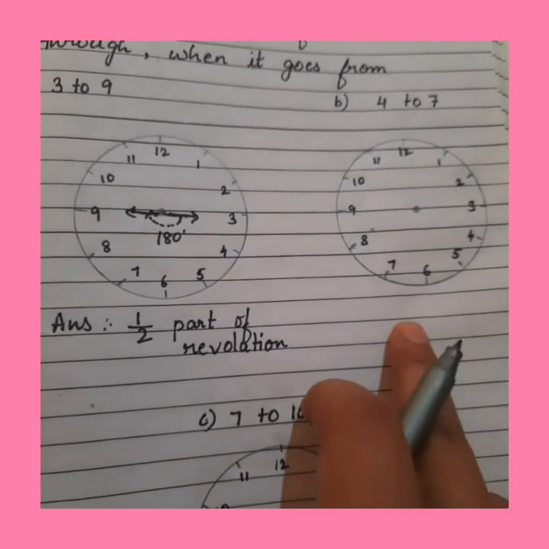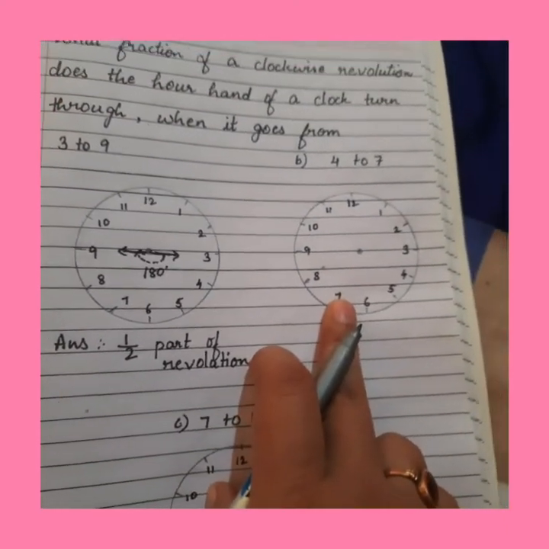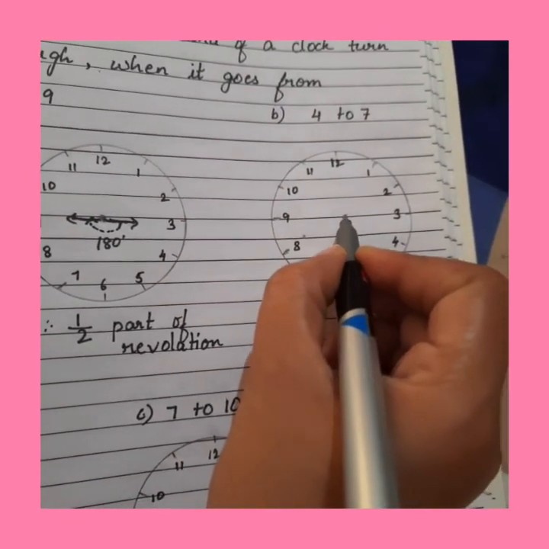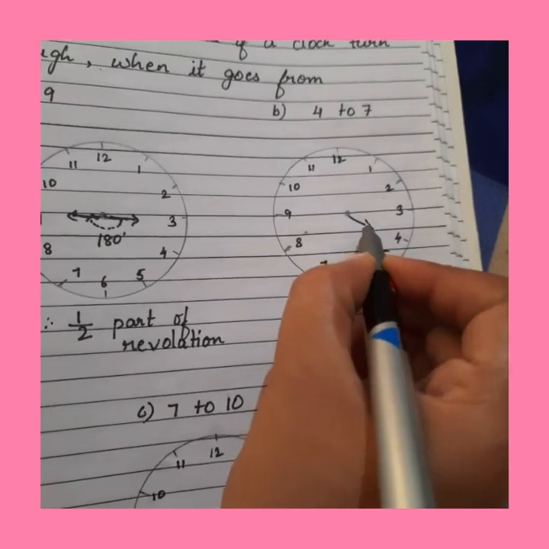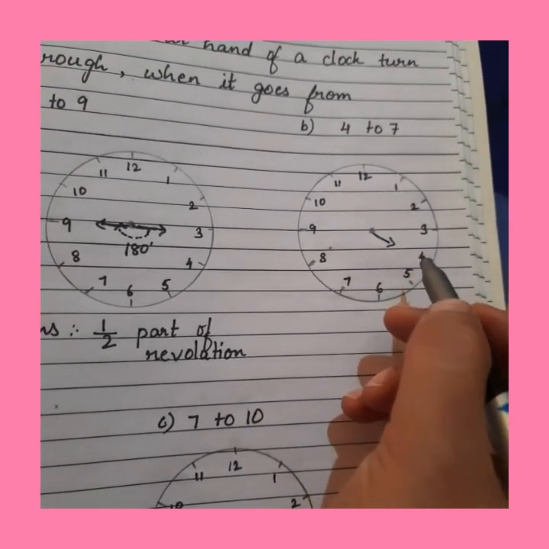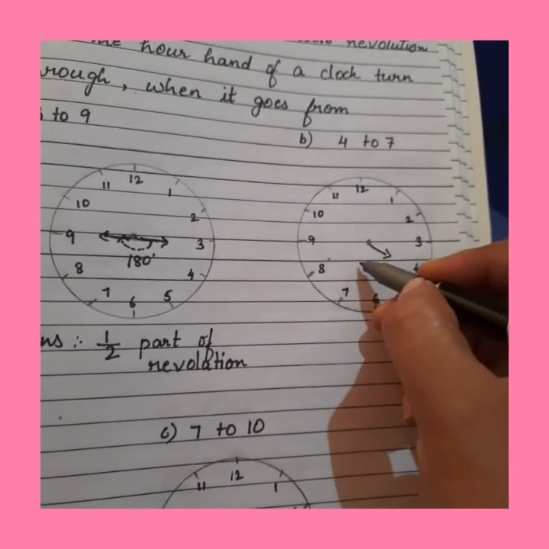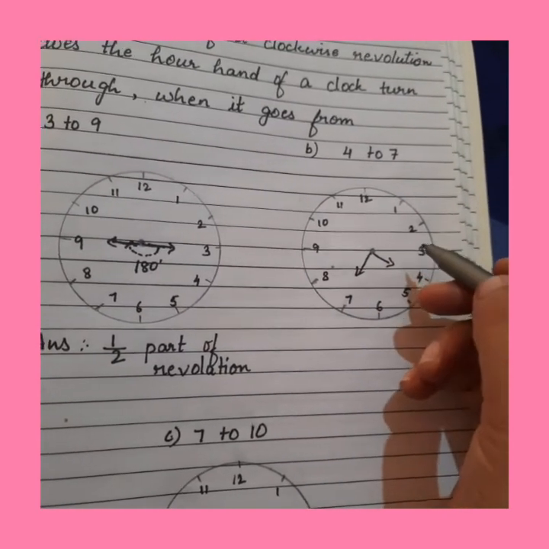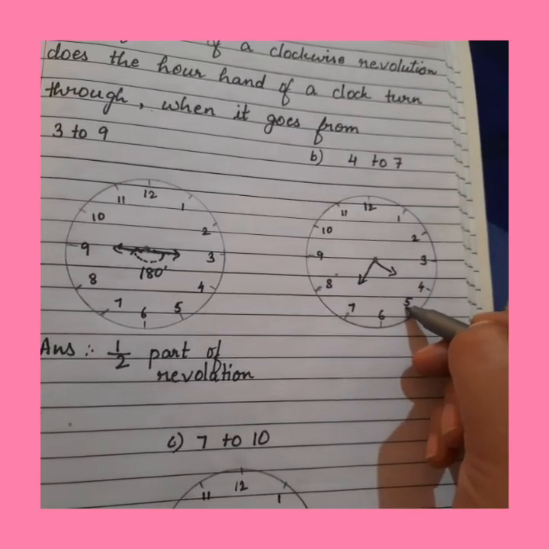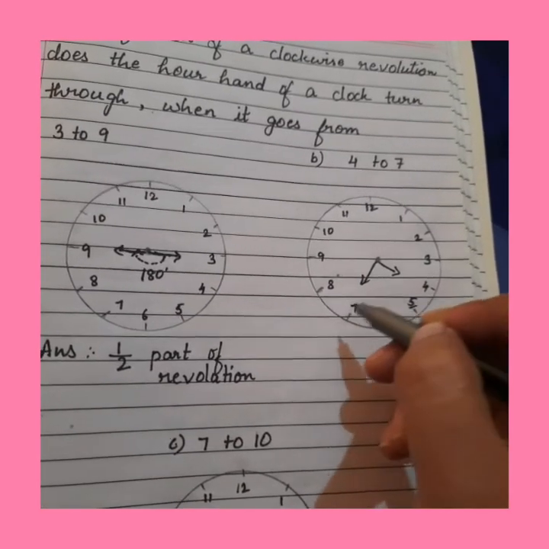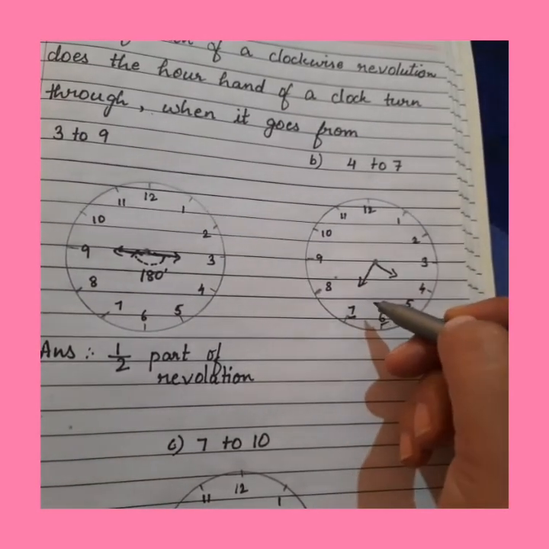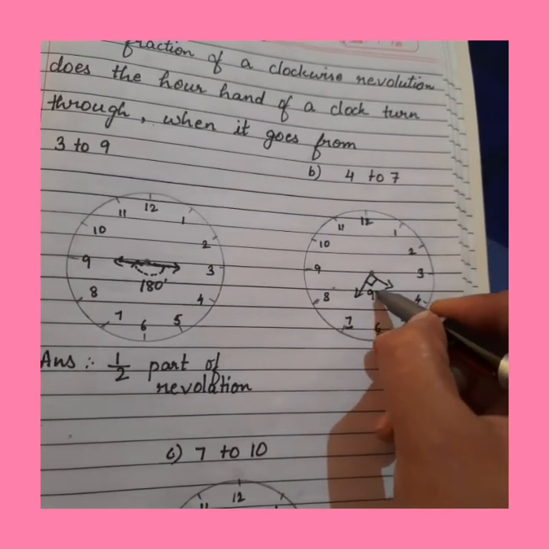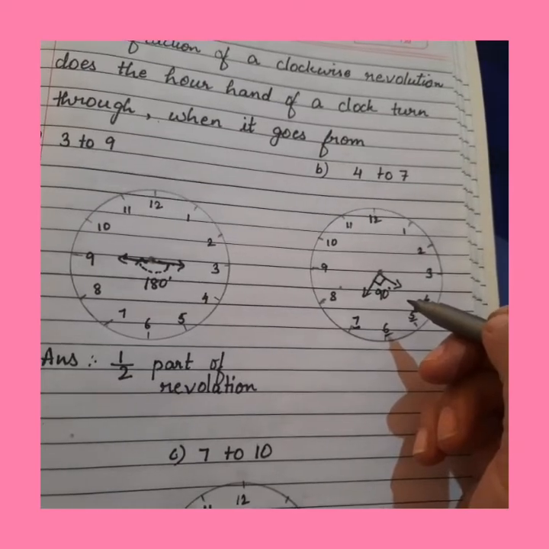Clear? Moving on to the next one, 4 to 7. First we have to point the hand on 4 and it is reaching 7, that is here. As you can see, it is crossing 2 points, 5, 6, and then reaching the third part, that is, it is making an angle of 90 degrees.